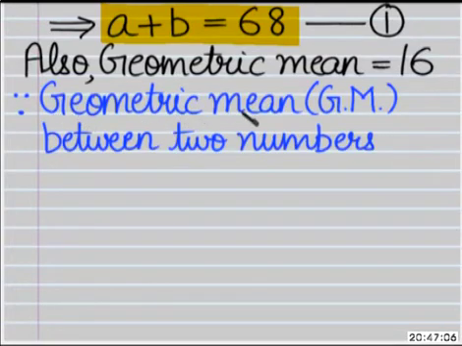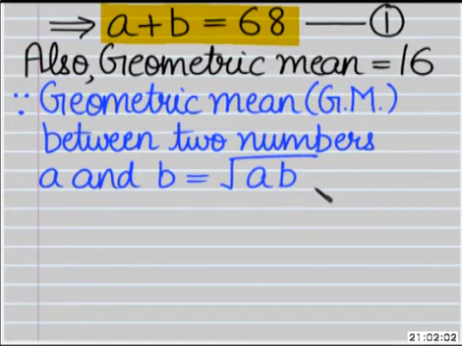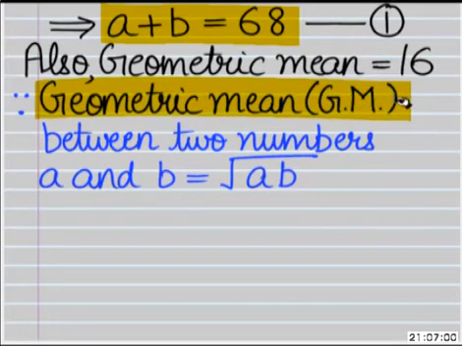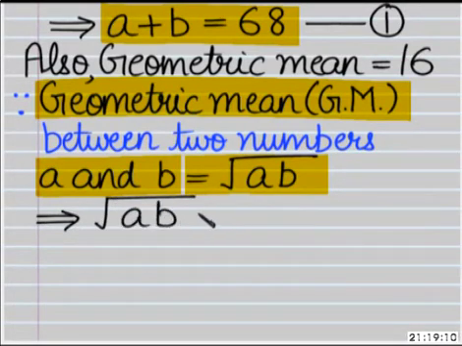Now, as we know that geometric mean, that is GM, between two numbers A and B is equal to square root of A into B. So this implies square root of A into B is equal to 16 here.